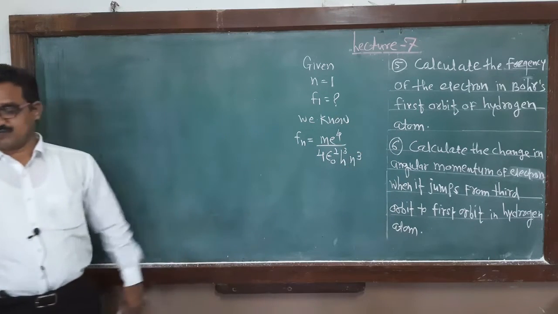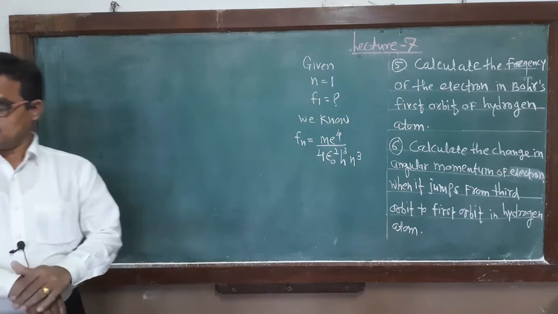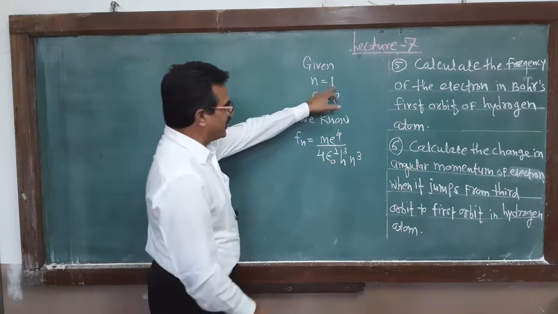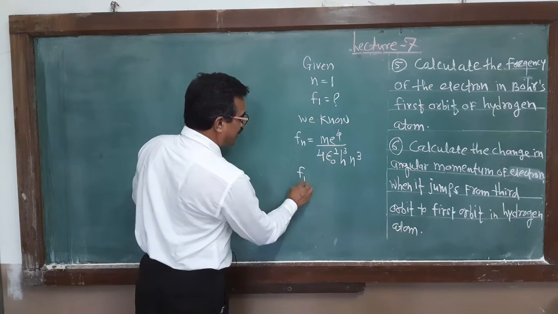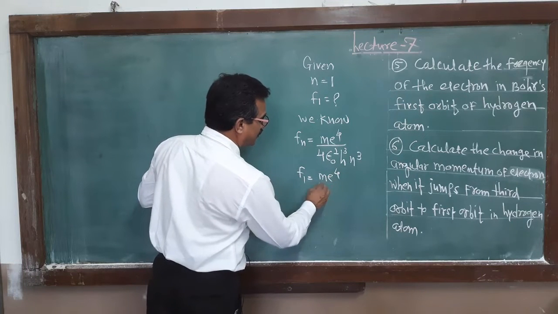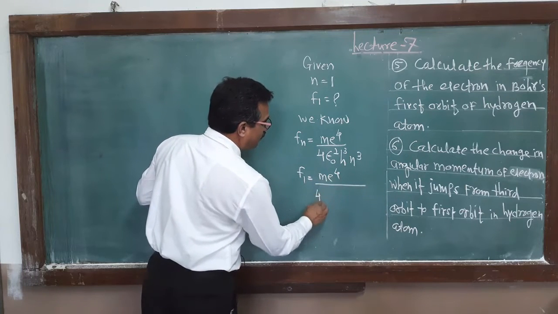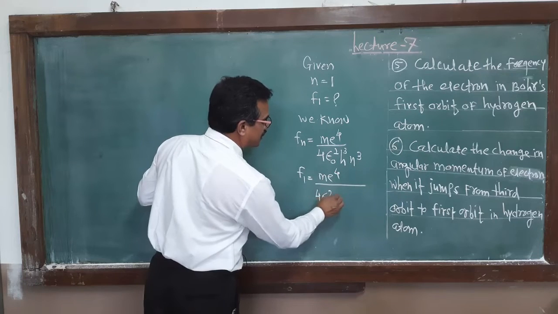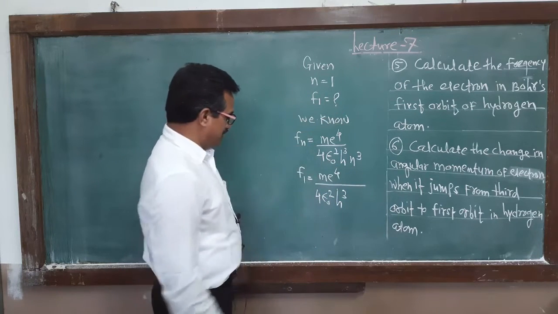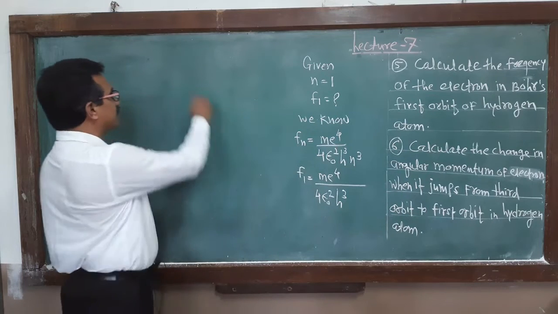This is the formula. But for the first orbit, the value of n is equal to 1. Therefore, F1 is equal to m e raised to 4 divided by 4 epsilon 0 square h cube, since n is 1 and its cube is 1.